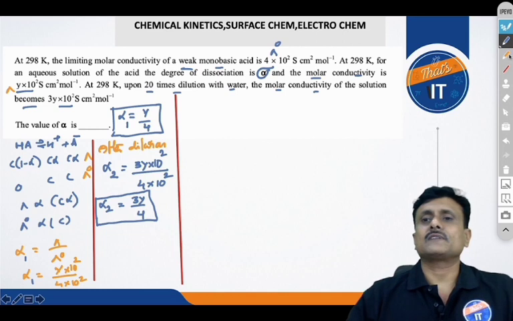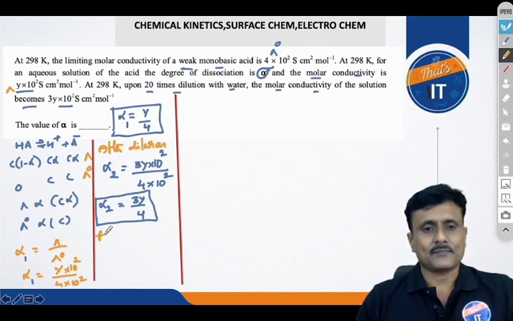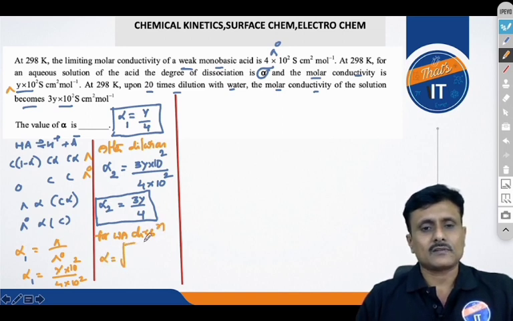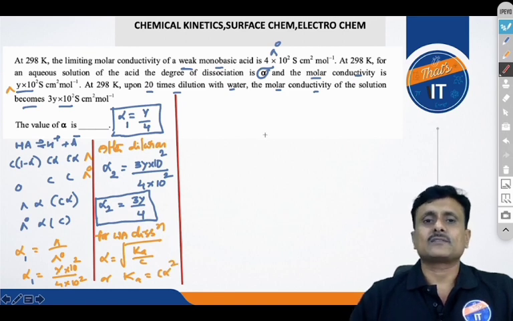Alright, for this weak acid dissociation, please understand, alpha is equal to under root of Ka upon C, or you will write the value of Ka equal to C alpha square. You know that Ka, the acid dissociation constant, is constant, isn't it?